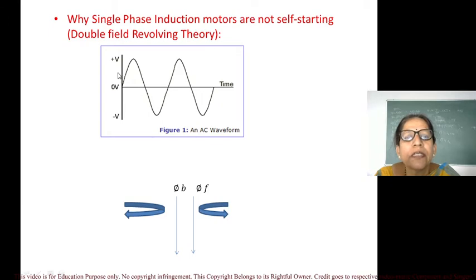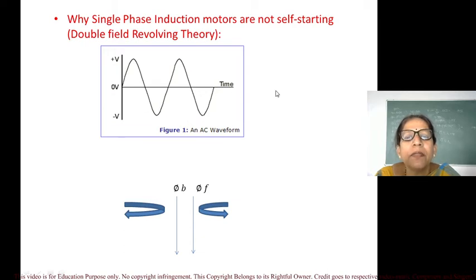We have stated that the flux produced by the single phase stator winding is not a rotating flux but an alternating flux, which has one positive half cycle and one negative half cycle. These cycles are repeated continuously. This flux produced will be distributed into two different fluxes, phi F and phi B. We take a full cycle of single phase, with one positive half cycle and one negative half cycle.